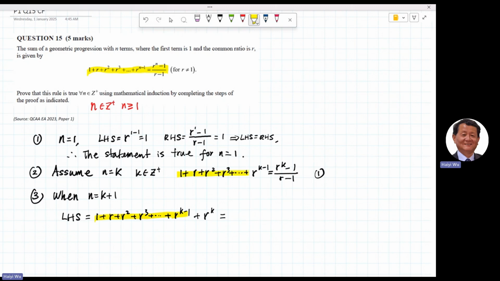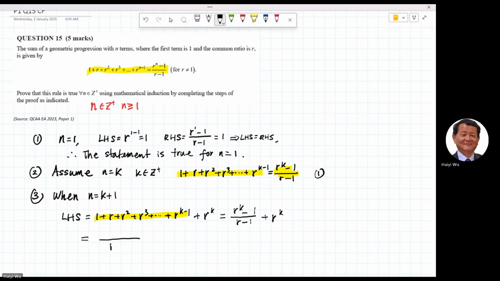I'm going to use the assumption to replace the first k terms. The answer will be r to the power of k minus 1 divided by r minus 1, plus r to the power of k. I'm going to simplify a little bit.